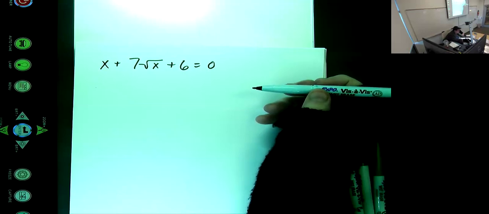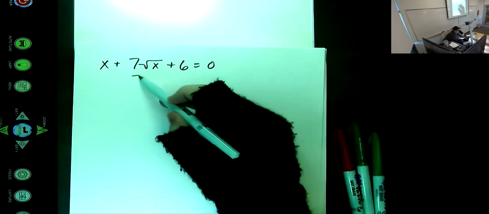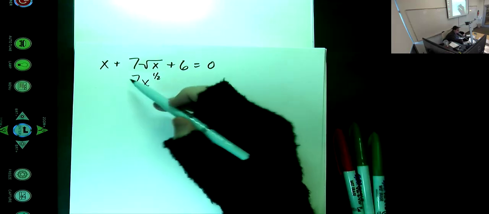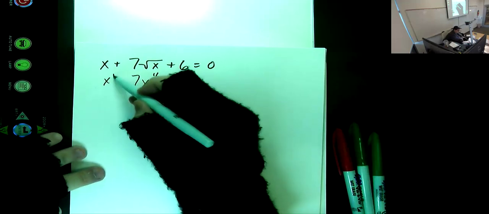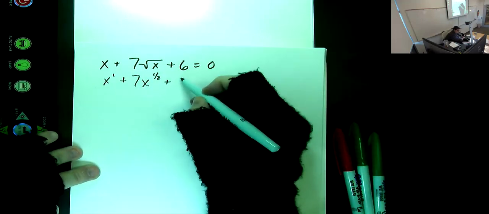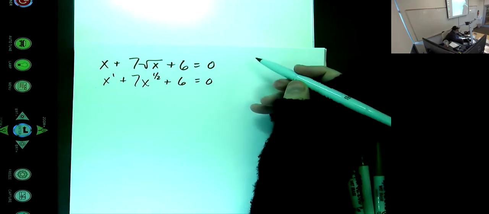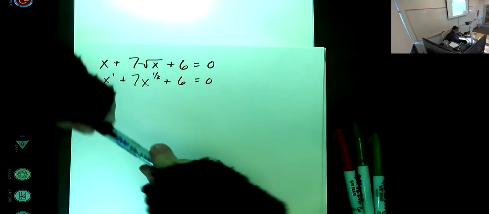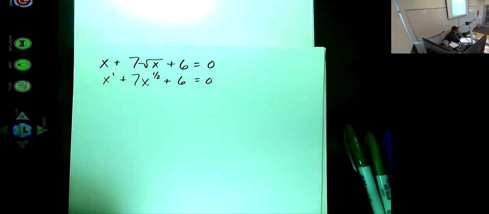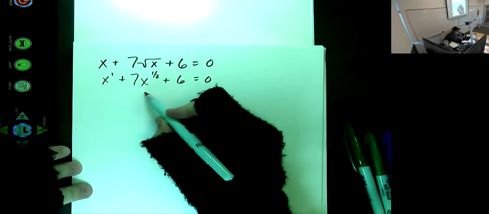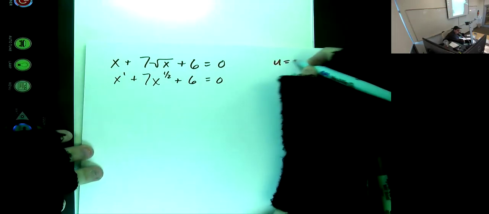This is a quadratic: x to the 1/2, that is 7x to the 1/2, and that is x to the first. It's the same thing, but the smaller exponent is half the bigger one.